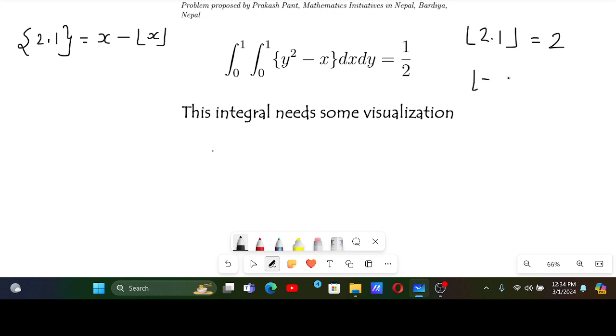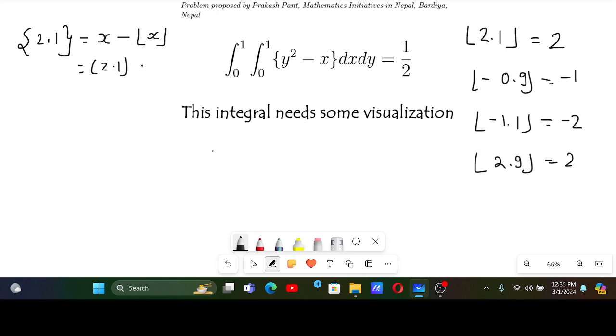If we have minus 0.9, it's minus 1. If we have minus 1.1, it's minus 2. And if we have 2.9, it's 2. And now over here it's 2.1 minus 2, so that's 0.1. This is the fractional part function.